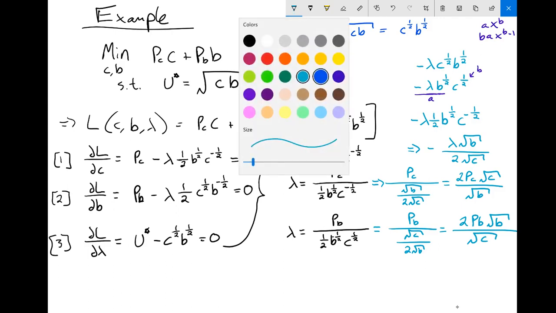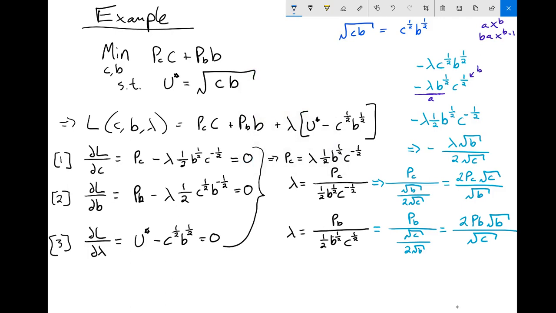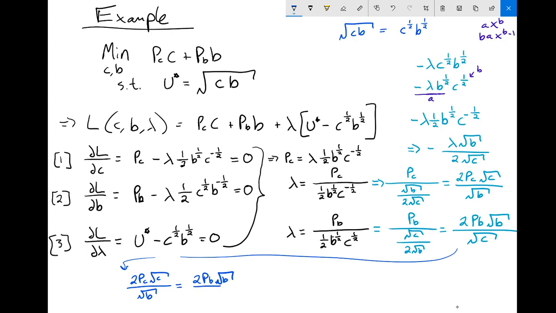So I'm going to come down here and say 2 PC square root of C over square root of B equals 2 PB square root of B divided by square root of C. These equal each other because they both equal lambda.